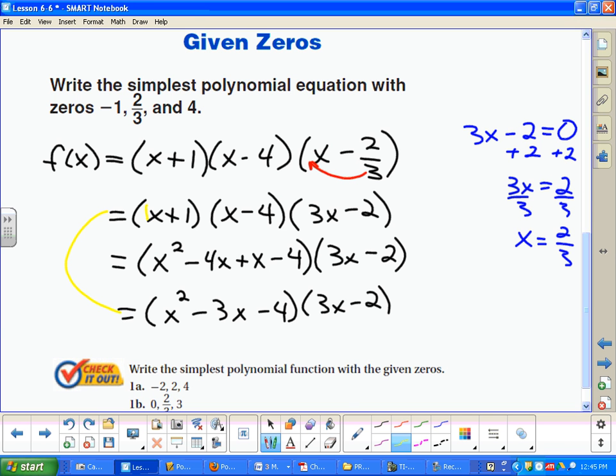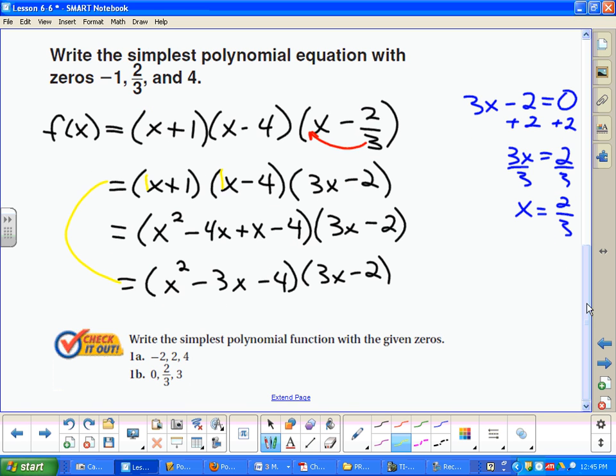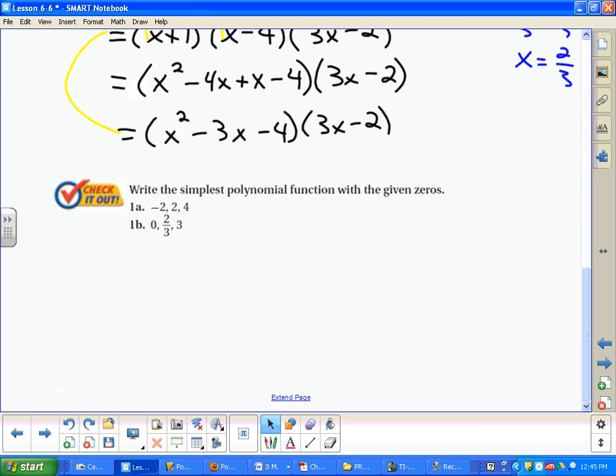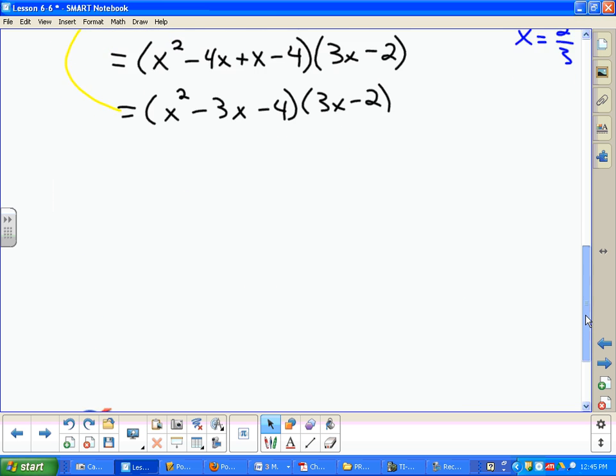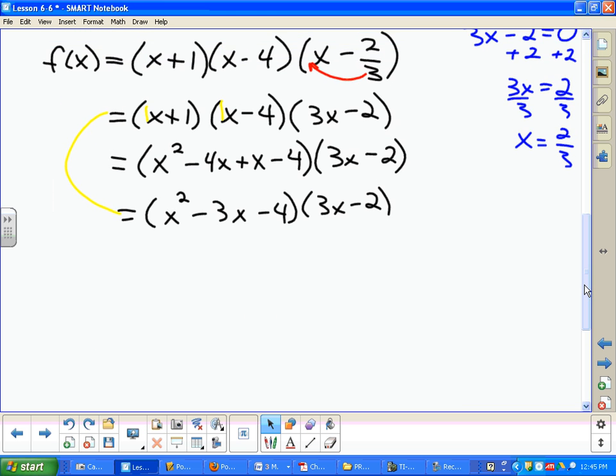When this number here is 1 and this number here is -4, when I multiply these together, my middle term is going to be the sum of these two numbers with an x. 1 plus -4, -3. And then now we need to do that multiplication.